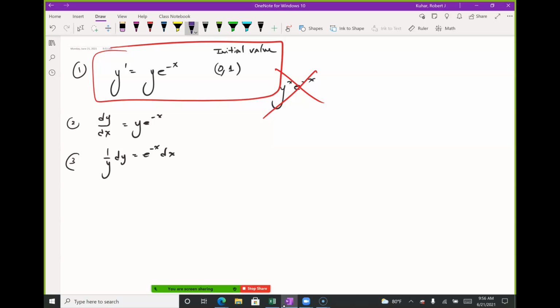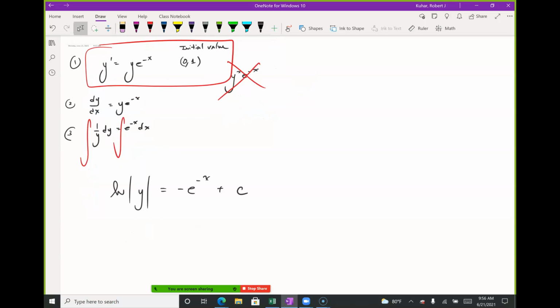So now we're integrating both sides, right? So this is kind of step 4 when I'm putting in my integration. What do I get on the left? ln of y. Nice. ln of the absolute value of y. Absolutely. And on the right, I get the opposite of e to the minus x plus some constant c. So I can go with my initial value now, or I can go later.